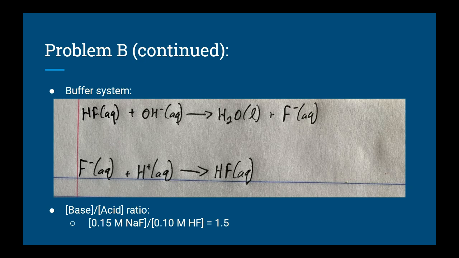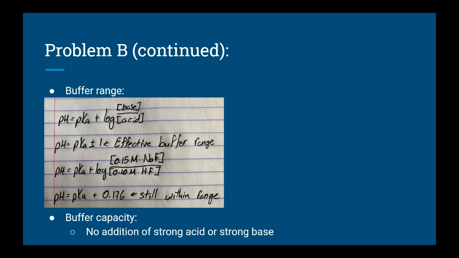To ensure that this is an effective buffer, we then find the ratio of base to acid. As long as it is in the range from 0.1 to 10, then we know it is effective. We calculate the ratio and find it to be 1.5, indicating an effective buffer. We utilize the Henderson-Hasselbalch equation to determine the buffer range. Remember, we do not necessarily have to find the pH, but rather just see if the log of base over acid is equal to plus or minus 1.